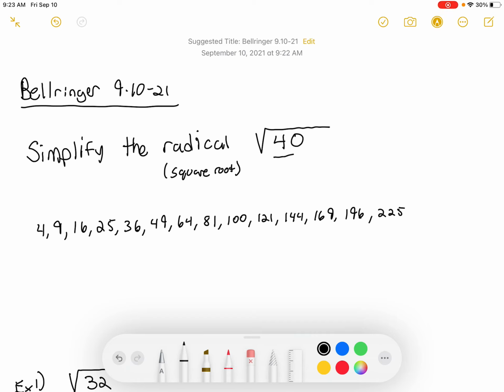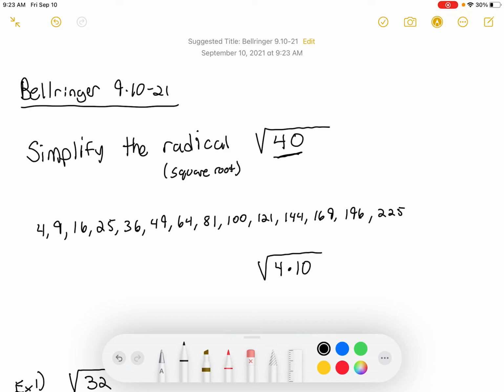Look at 40. What is the largest perfect square in this list that will go into 40? The largest one is 4. So we're going to rewrite this as 4 times 10.